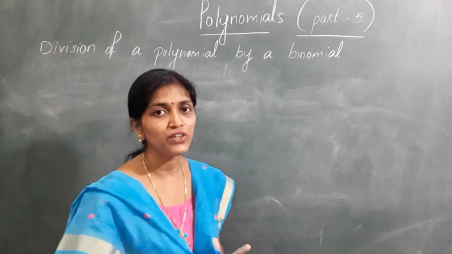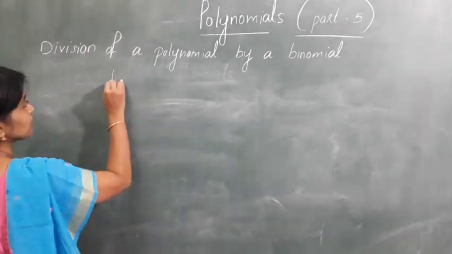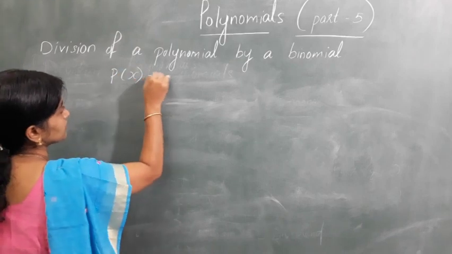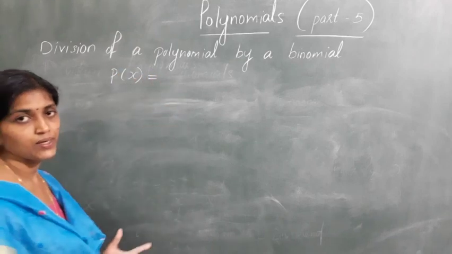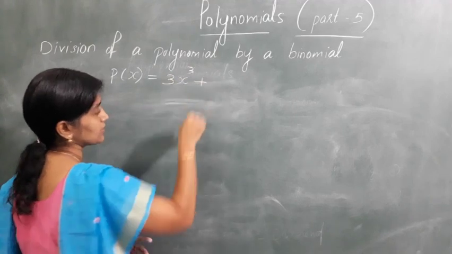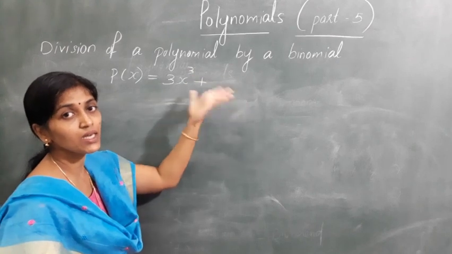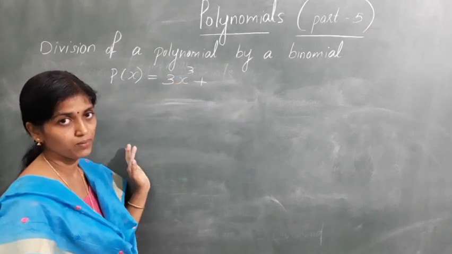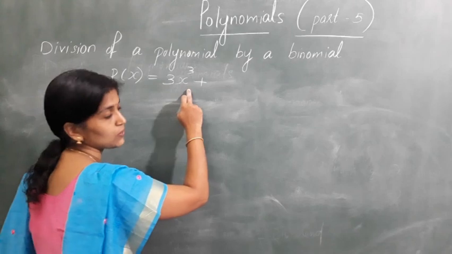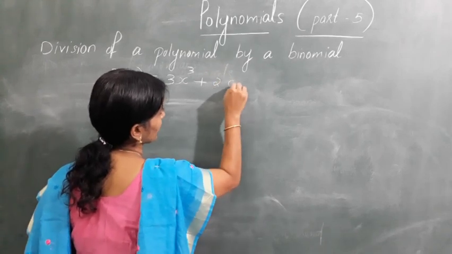Okay. Then we will write the question. So we know we denote the dividend as P of x. We will take some P of x. P of x is equal to, any example, 3x cubed plus 2x square plus 4x plus 3. It is a polynomial, so it can contain any number of terms and it can be of any degree, no problem.